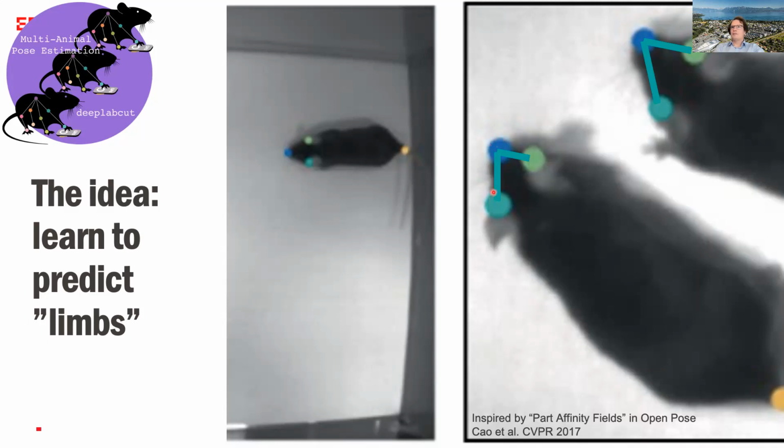And since limbs only connect body parts within an individual, those predicted edges can then be used to assemble individuals. And I'm going to explain this in much more detail in the next slides. But that is the basic idea of multiple animal DeepLabCut.